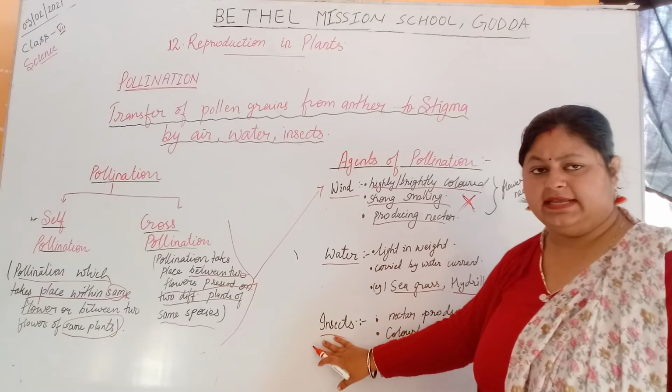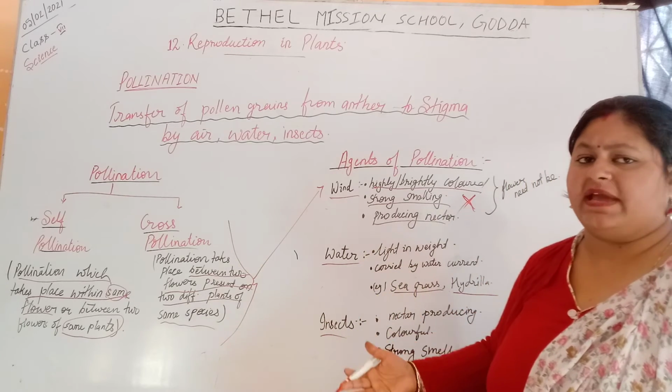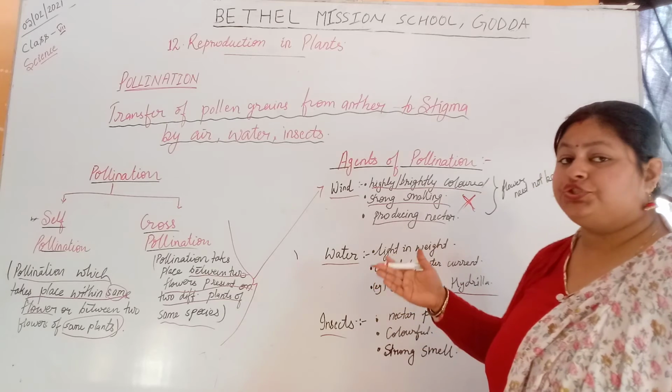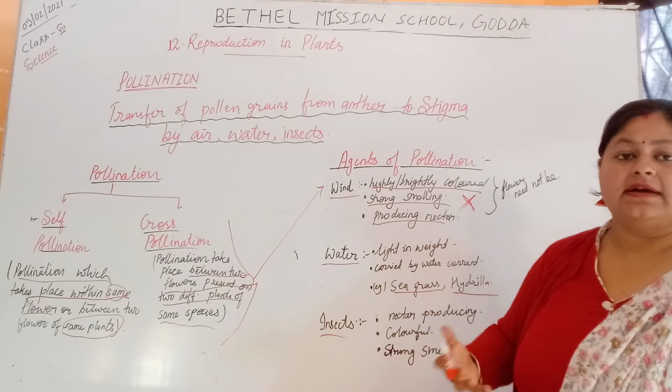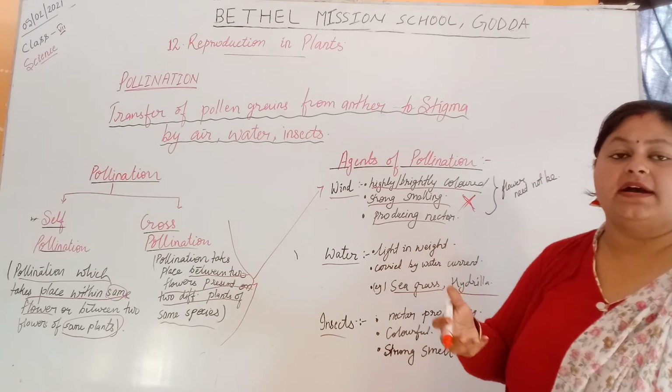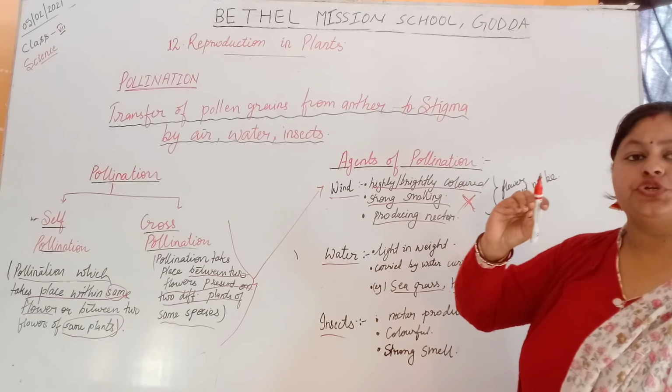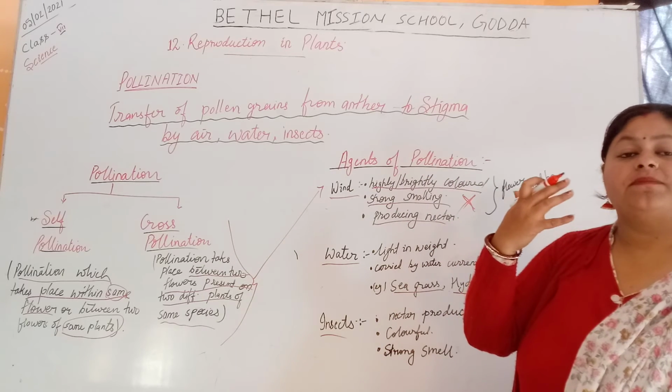Next is the insect. Pollination takes place by insects. The plant should be bright in color, with beautiful flowers. The flower should produce nectar and have beautiful smells.